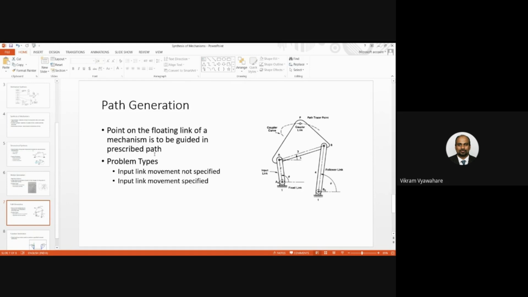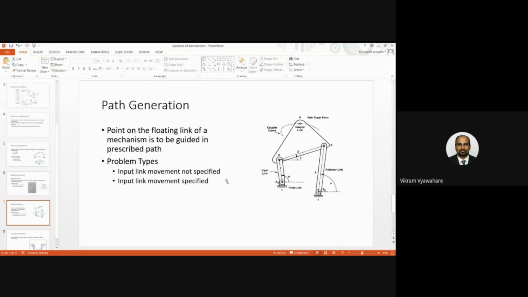Again, we are talking about the middle link only, the coupler. The points on the coupler curve have to be achieved by properly selecting the lengths of the links.